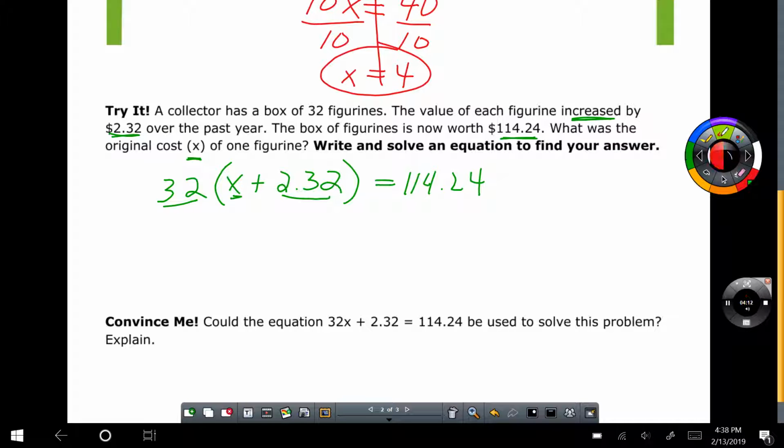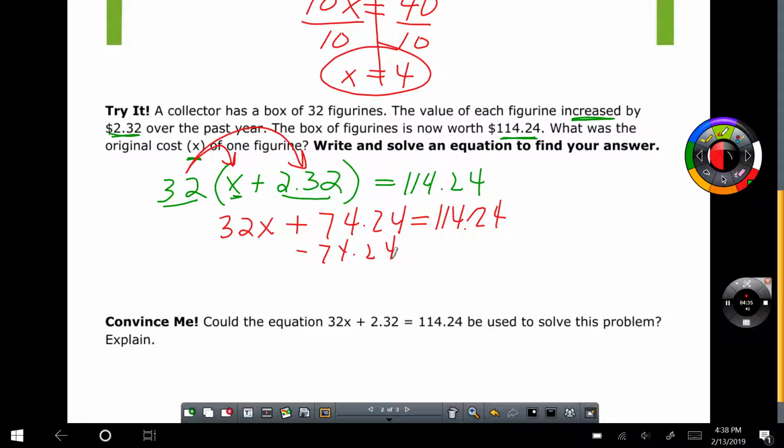Okay, so the first step we need to do is distribute. 32 times X is 32X plus 32 times $2.32 is $74.24. And that still equals our $114.24. Right? We know how to solve this. We need to get rid of the 74.24 first by subtracting. So we're going to subtract 74.24 from each side of the equation.